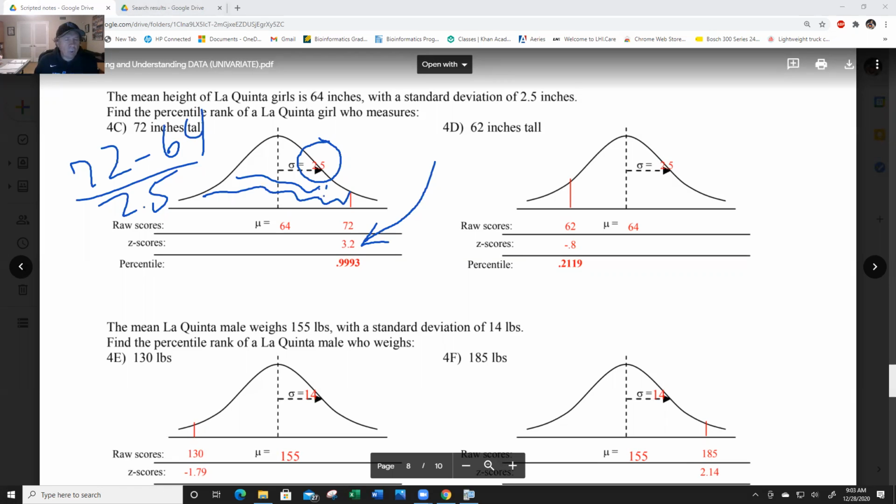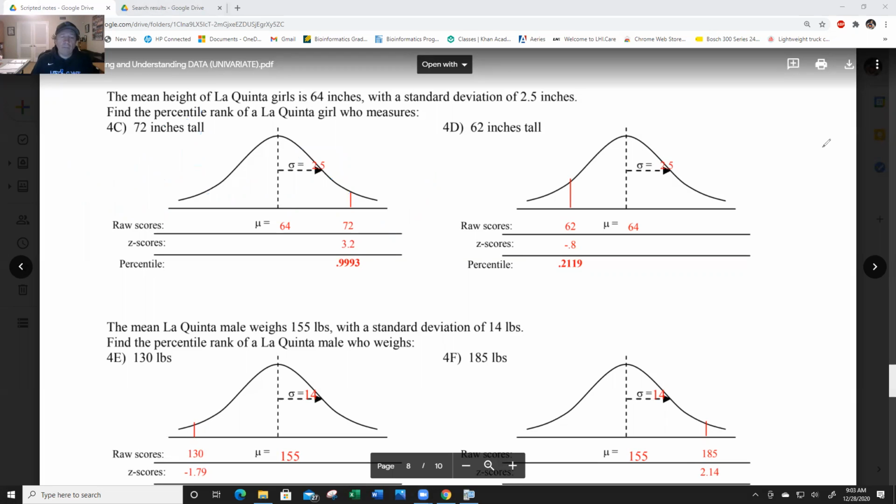Now look at that z-score of 3.2. That's really far in the table. You know that's the 99th percentile because I've taught you that already. So z-score of 3.2, wow, that's very, very deep in the tail. Okay, so let's check it out. Let's do the calculator way first. Sound good?